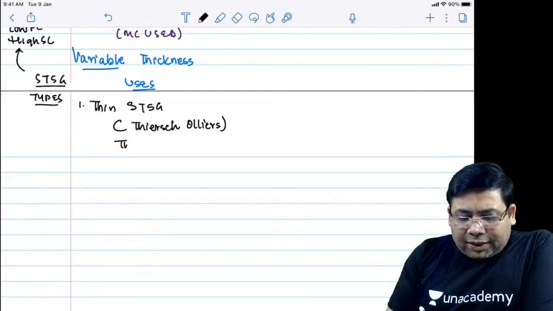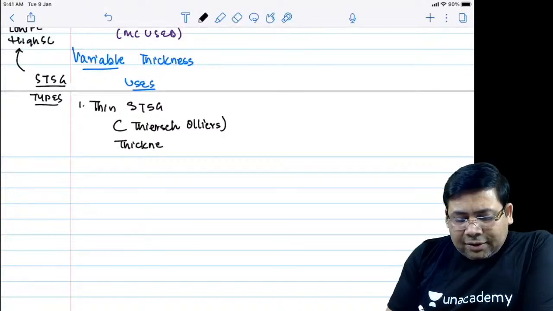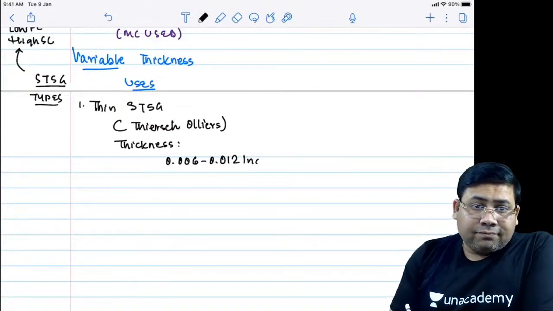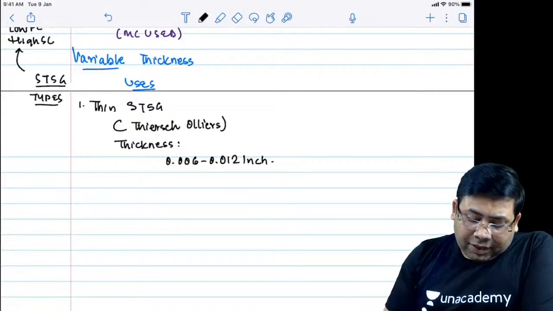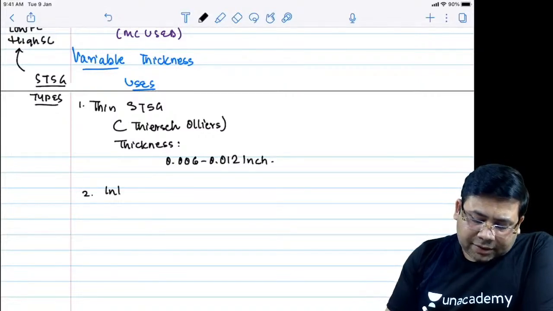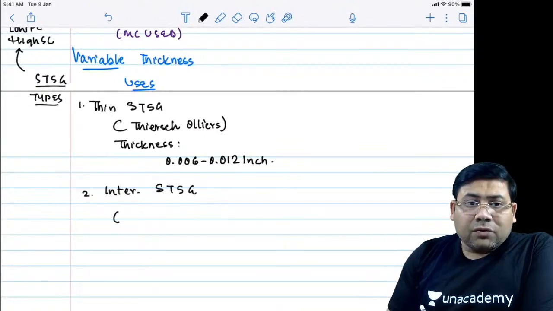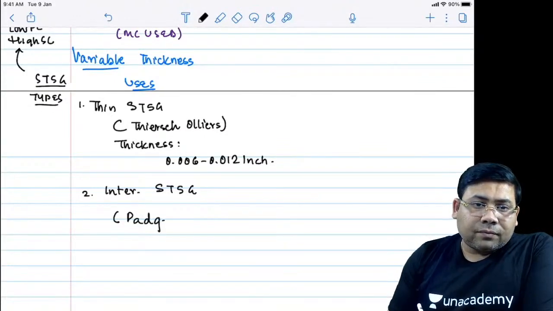So if you talk about thickness, the thickness we have is 0.006 to 0.012 inches. Then we have the intermediate thickness, intermediate STSG. This is what is known as Paget's graft.